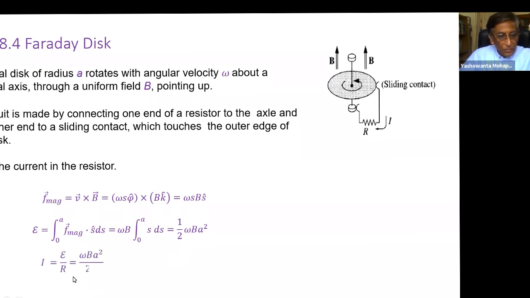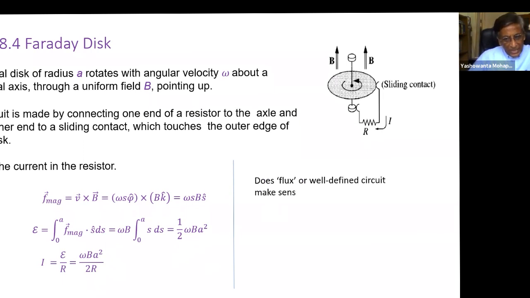The current would be ℰ by R, which is ωBa² by 2R, flowing in this resistance R. So that's simple enough. The point that I want to raise is, look, does the flux rule or a well-defined circuit make any sense here? Is there even a well-defined path in which the charge is moving in this?